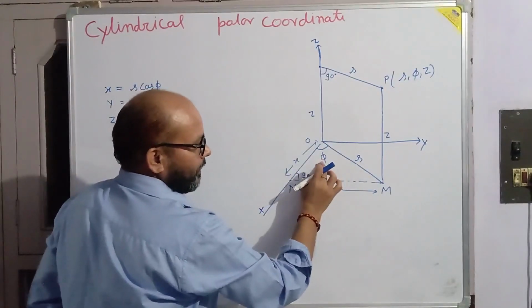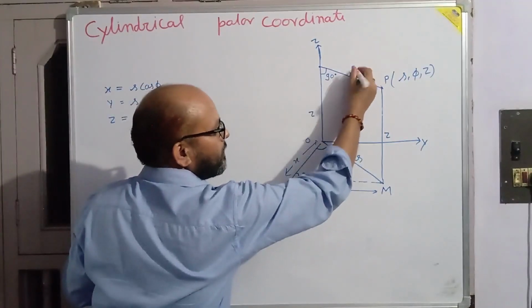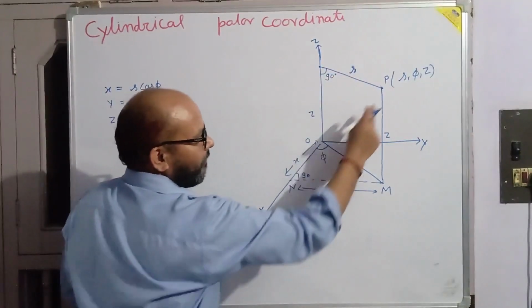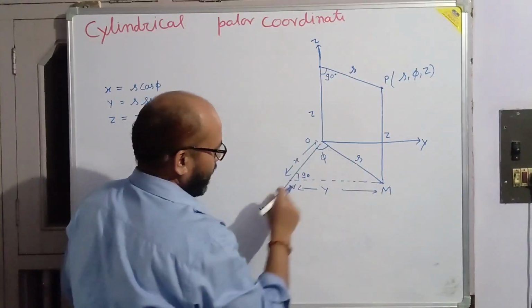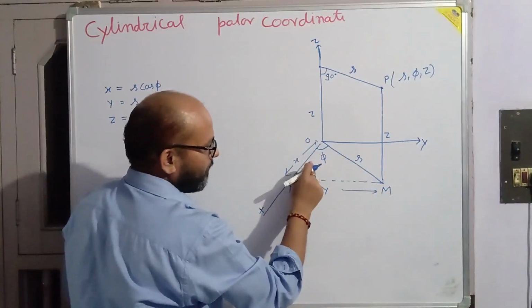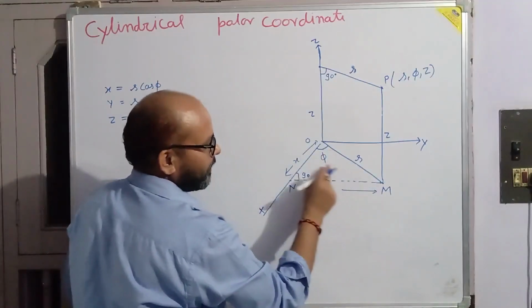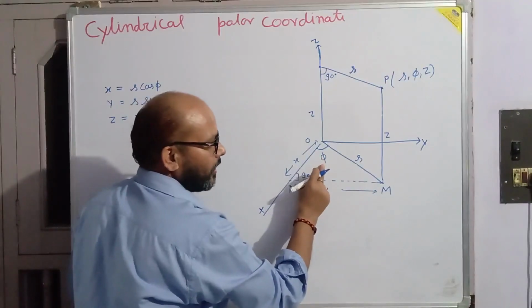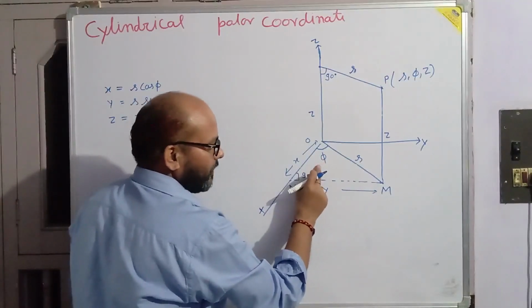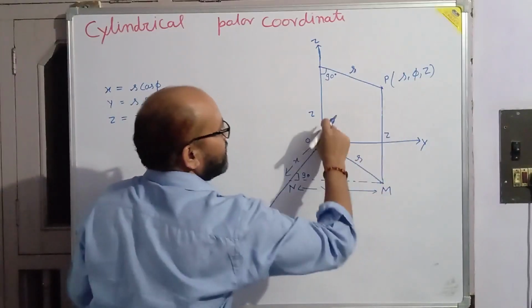Phi is the angle between the X axis and OM. That is, phi is the azimuthal angle measured between the X axis and OM, and Z is Z.